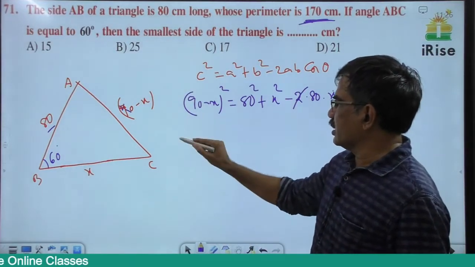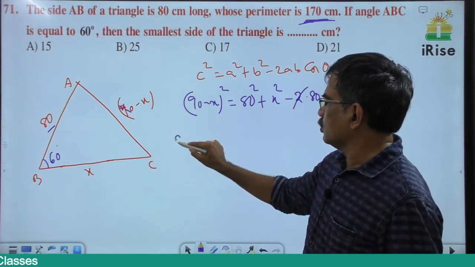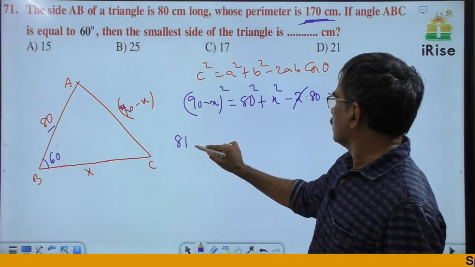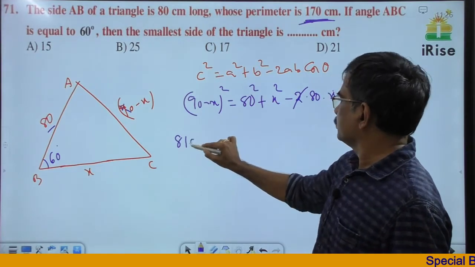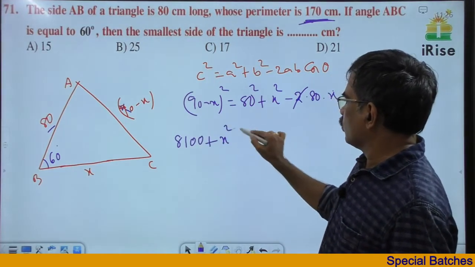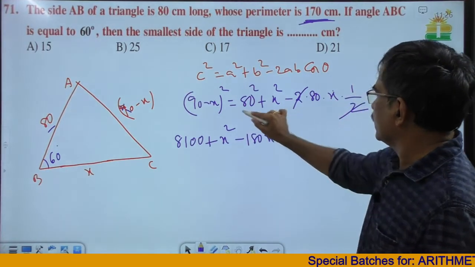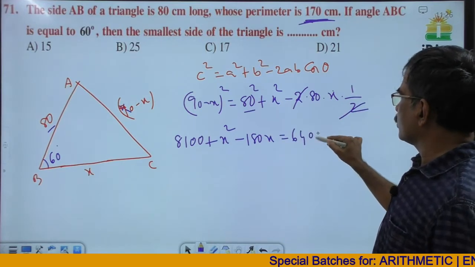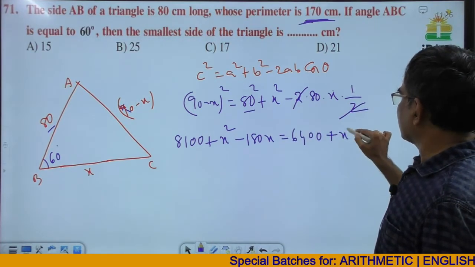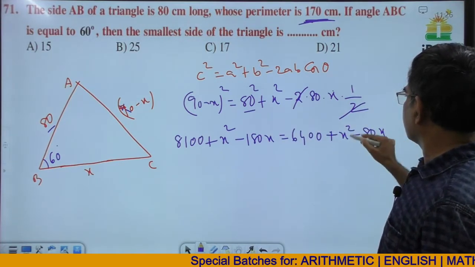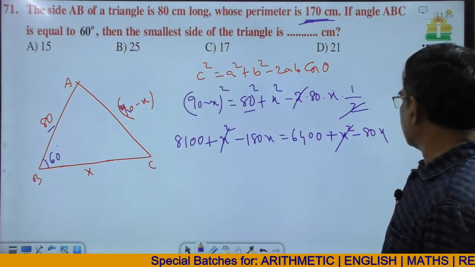This is expanded, we get 90 square is equal to 8100 plus x square minus 180x is equal to 80 square, 6400 plus x square minus 80x. Here x square cancel.